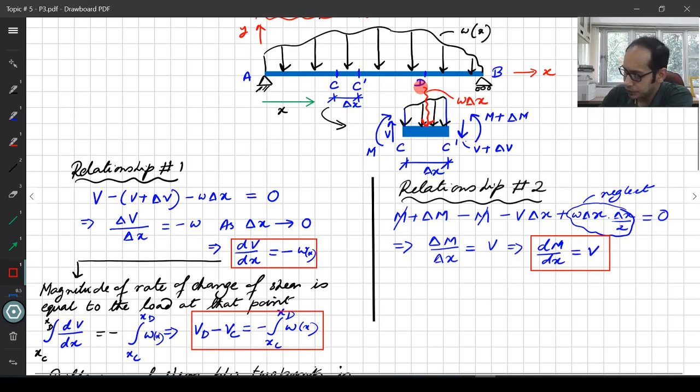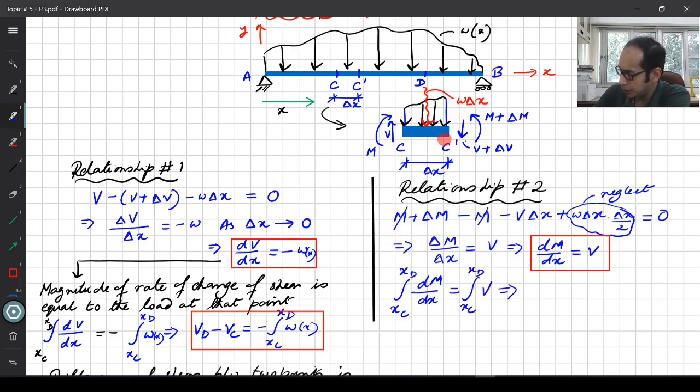So I take the integral between xc and xd. xc is the distance from here to the point C, and xd is the distance from here to the point D. So if I take the integral of dM from xc to xd, I get the integral of xc to xd of V, which eventually takes me to this relation, that MD minus MC is going to be what?